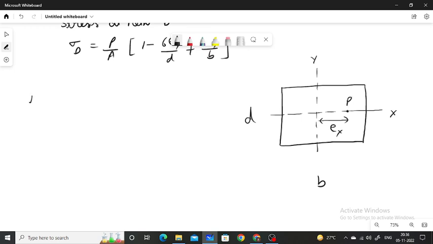In that case, we know that the total stress will be equal to the P by A 1 plus minus 6 Ex upon B. Okay.